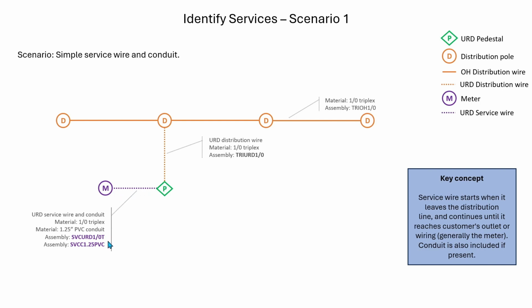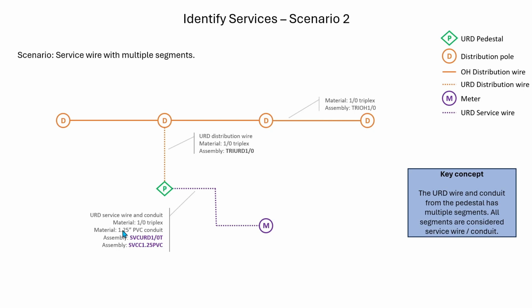And this also has conduit, some PVC that is going from the pedestal to the customer as well. So that's also considered to be a services assembly. So note that from the pole on down to the pedestal, it's still listed as being distribution wire, even though it's the exact same wire that is going to the meter.